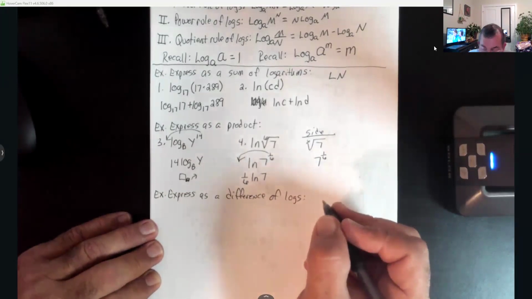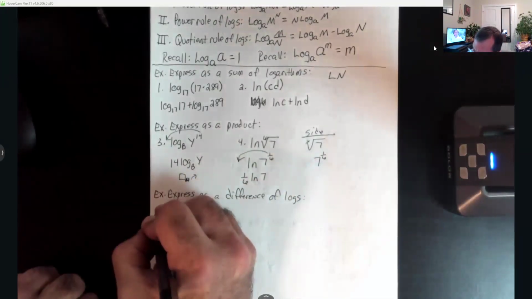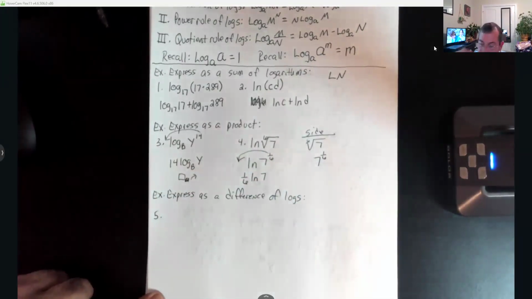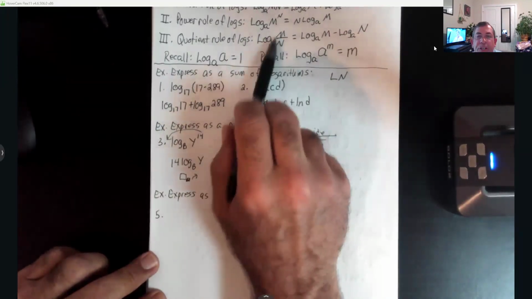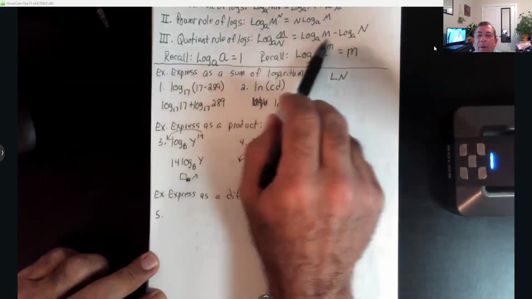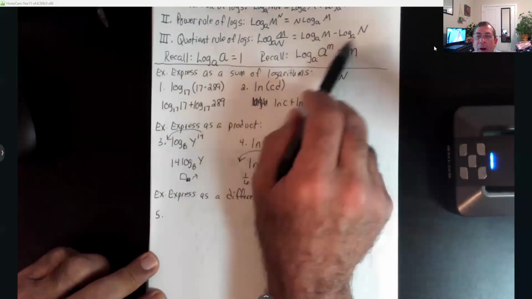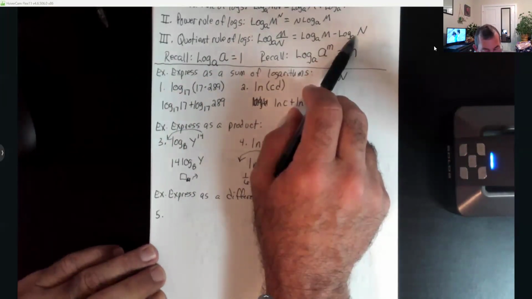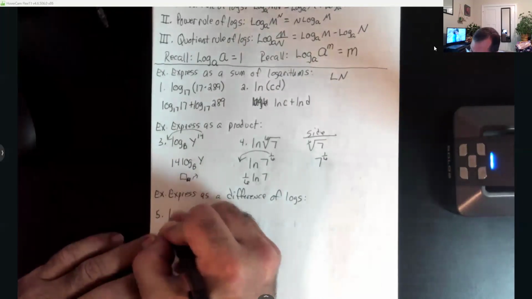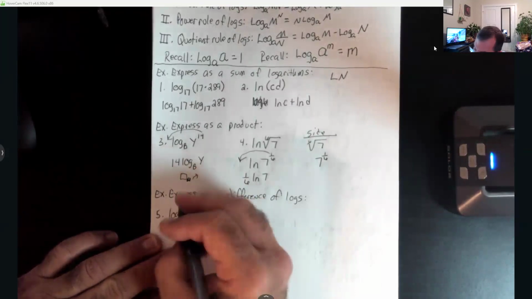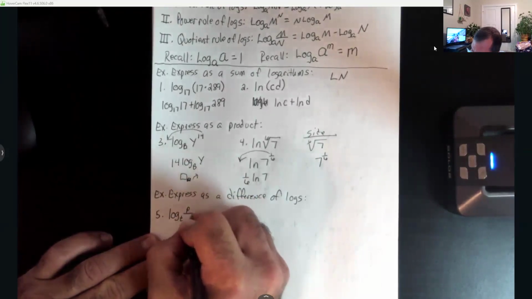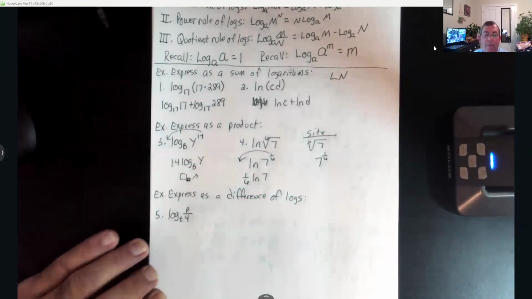All right, so let's see. They start at number 5 here. So express as a difference, they're going to give me some kind of division, and it's always the top minus that bottom there, okay? All right, y'all, so 5, I got a log base t of p over 4.